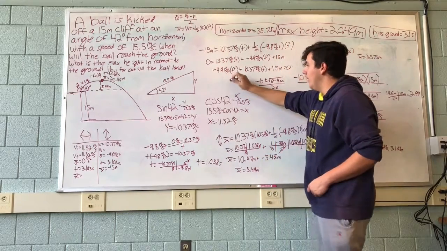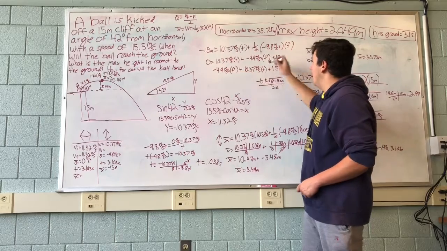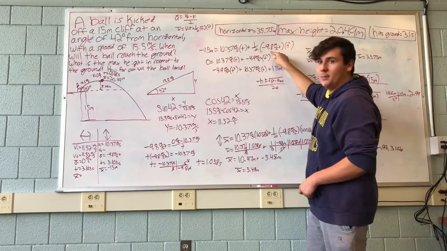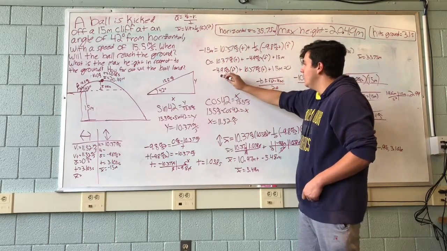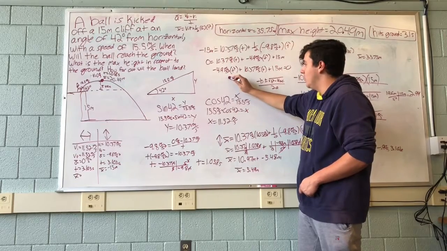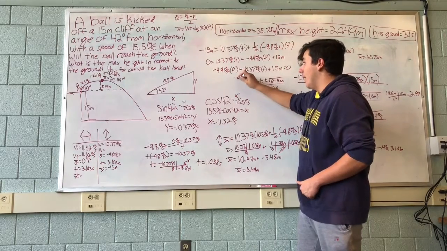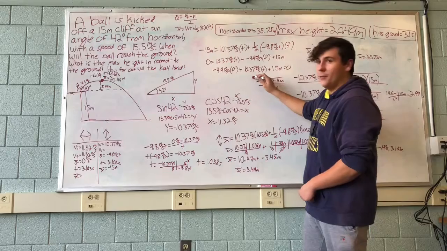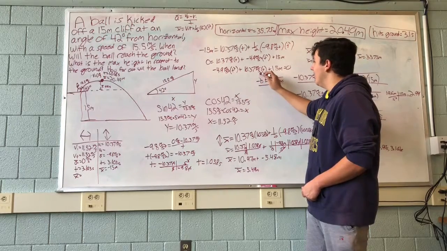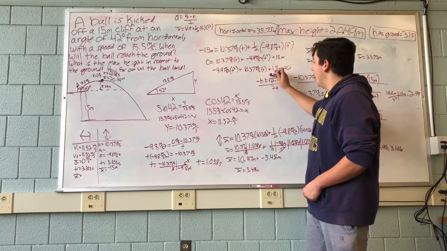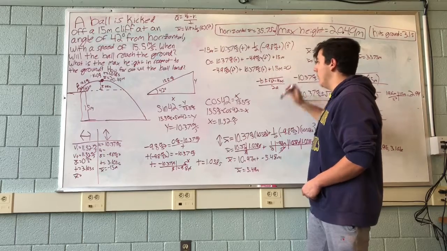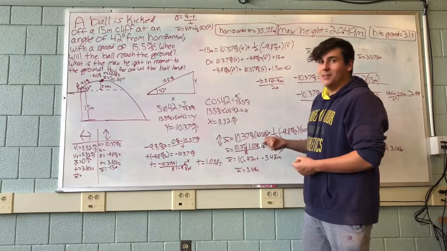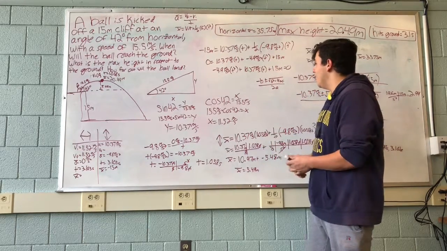You have negative 4.9 meters per second squared, because that's what 1/2 times negative 9.8 is. So negative 4.9 meters per second squared times time squared plus 10.37 meters per second times time plus 15 meters is equal to 0. And that would be a really difficult problem to factor out.